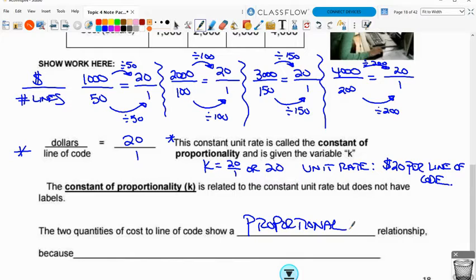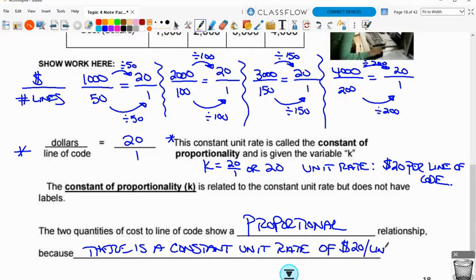And we know it was a proportional relationship because there is a constant unit rate of $20 per line of code. So when you have a constant unit rate, you have a proportional relationship.